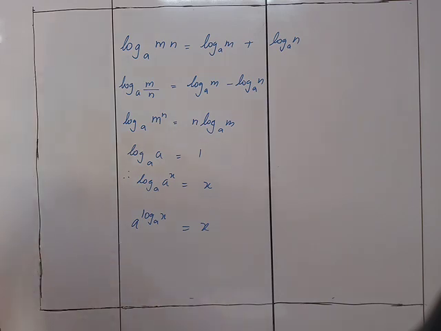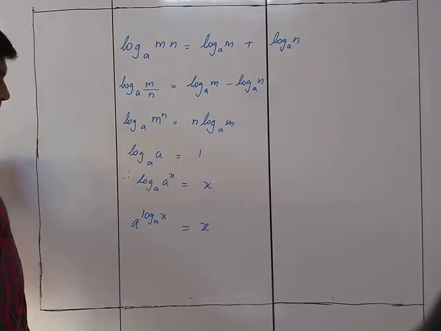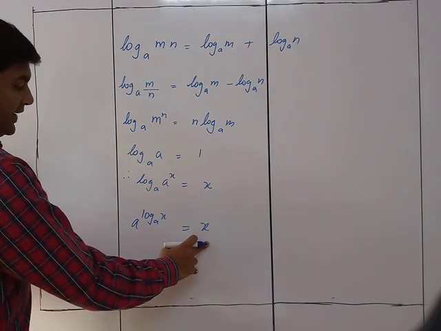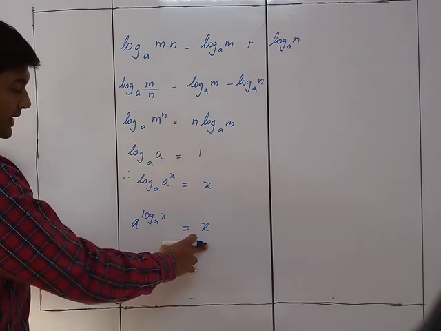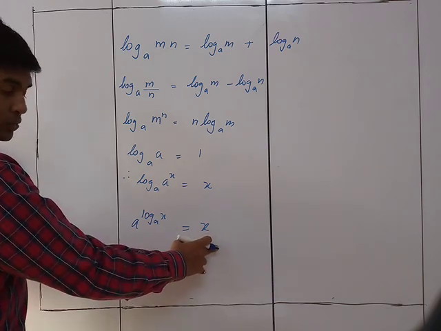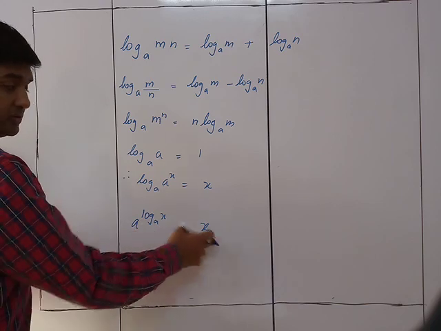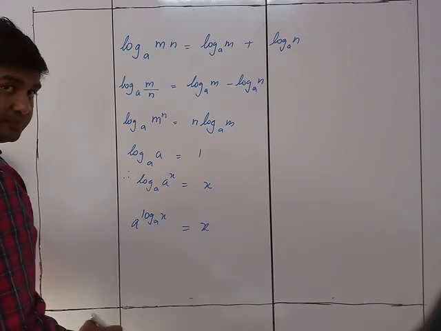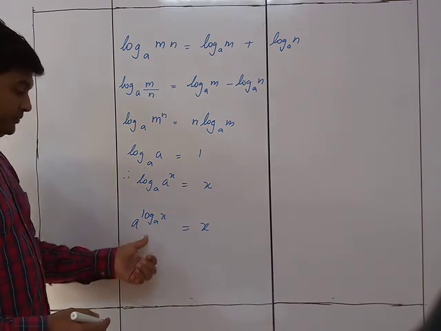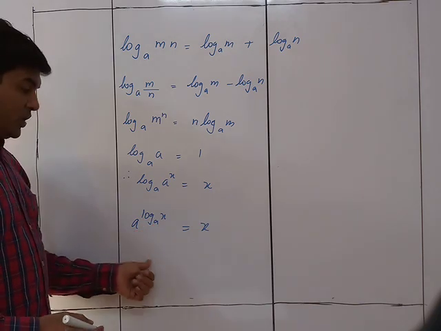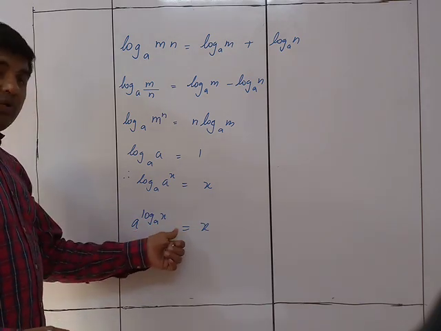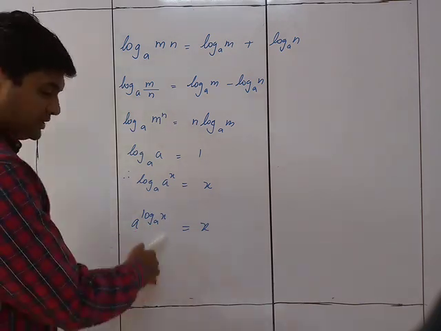Now this is important, that a raised to something is equal to x, so we know very well that log of x to the base a will be the same thing. So that's how it works.